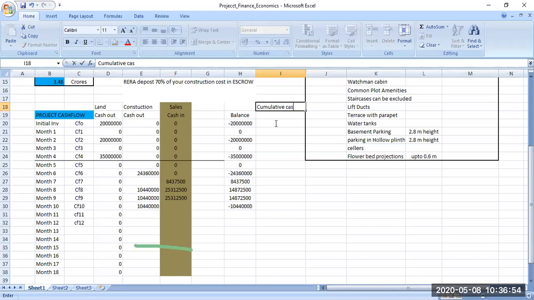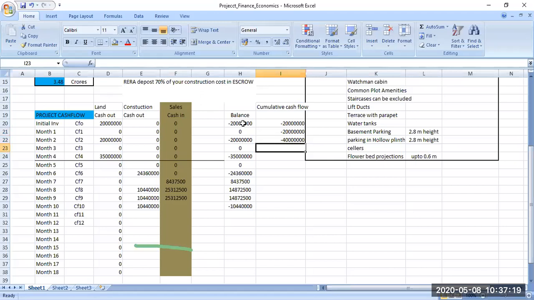And what is the cumulative cash flow? Well, it is this. This would be this plus this. This would be this plus this. So you can set a formula and do this. This is my cumulative cash flow.